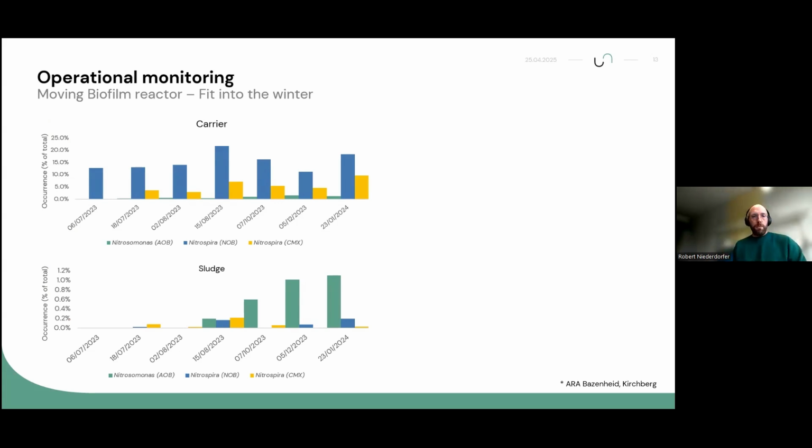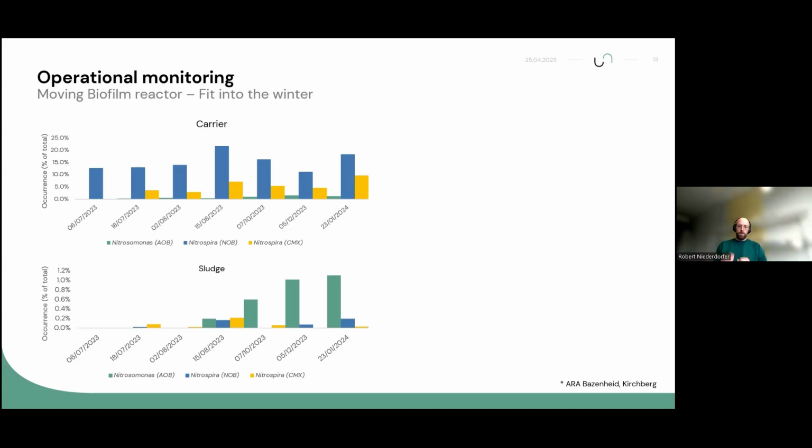In a moving biofilm reactor, you have two compartments. You have bacteria on the carrier and you have bacteria in the sludge. The idea is you accumulate most of the bacteria on the carrier because they're safely in a biofilm over the winter and can perform quite well.